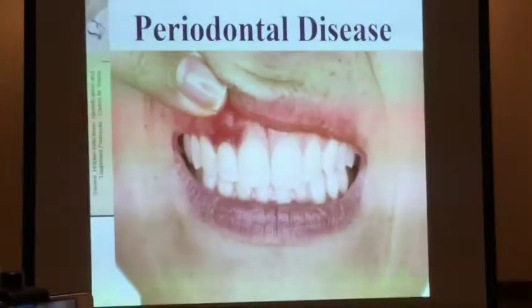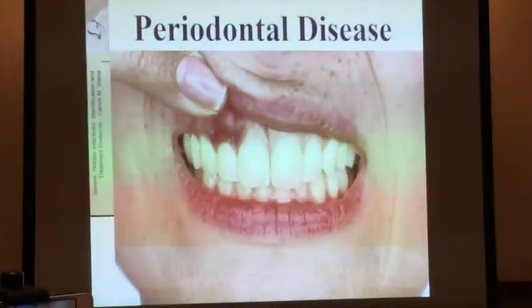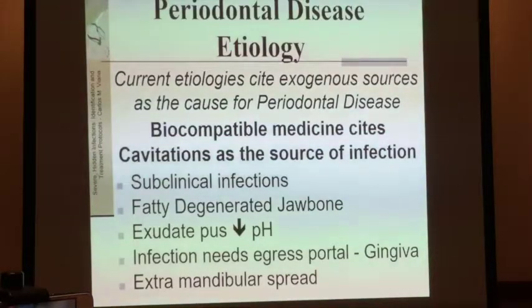I know that I have discussions with dentists about periodontal disease because I'm a little bit of a maverick. You're looking right now at the current etiology of periodontal disease that is really coming from exogenous sources or even worse, hygiene problems.